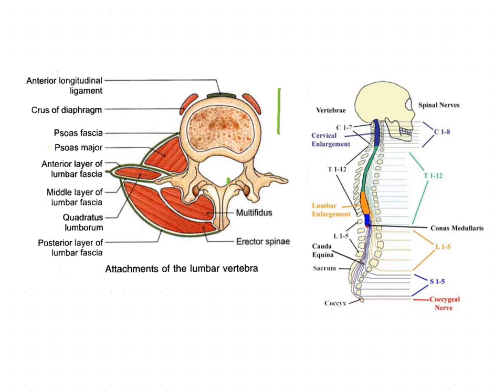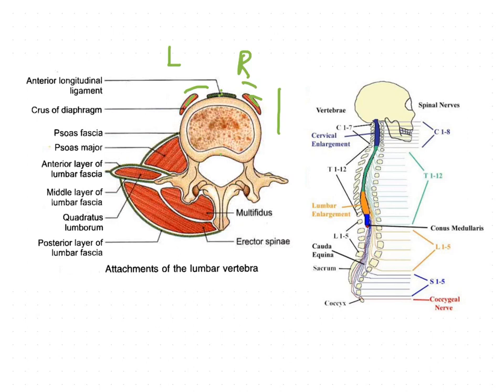There are 5 lumbar vertebrae, isn't it? So all the vertebrae have the anterior longitudinal ligament as well as the posterior longitudinal ligament. If you see, this one is the right side and this one is the left side. So lateral to the anterior longitudinal ligament, that means right lateral and left lateral, this part is the crus of the diaphragm.